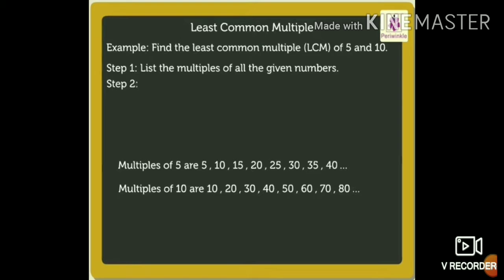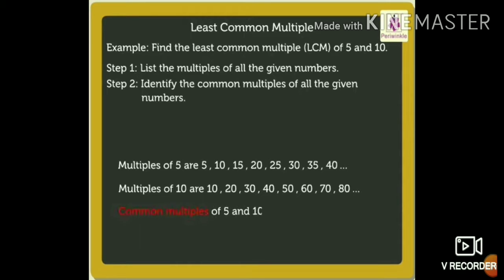In these multiples of 5 and 10, which are the common multiples? 10 is common, 20 is common, 30 is common and 40 is common, and the multiples continue up to infinity.